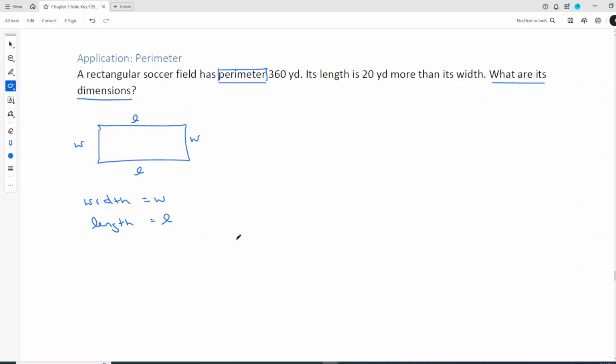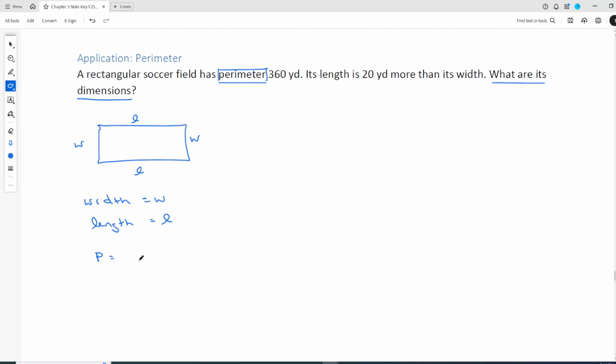Then what we're going to do is we're going to set up our system of equations. So when we read this, there's going to be 2 sentences, and each sentence will get its own equation. So the first sentence is, a rectangular soccer field has a perimeter of 360 yards. What does that mean? Well, how do you find the perimeter of a rectangle?